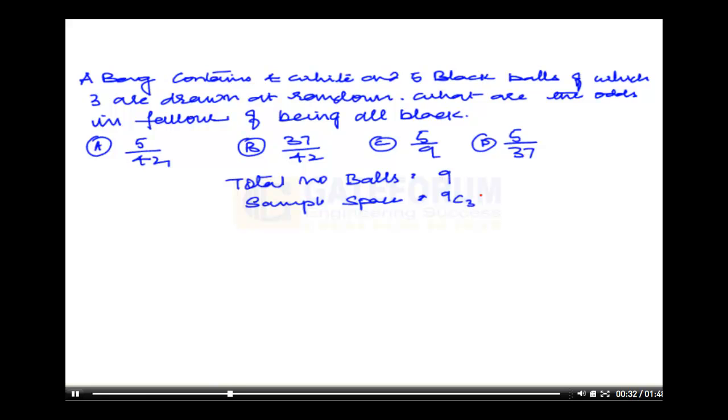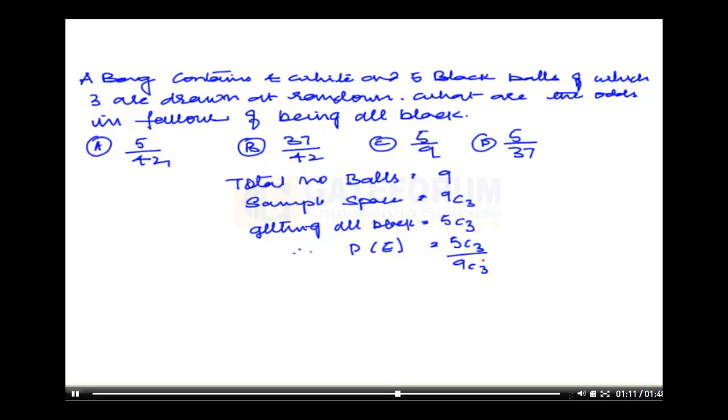So these are all possible outcomes, of which getting all the blacks at a time is 5C3. Therefore probability of getting an event where all the 3 balls are black is 5C3 by 9C3.